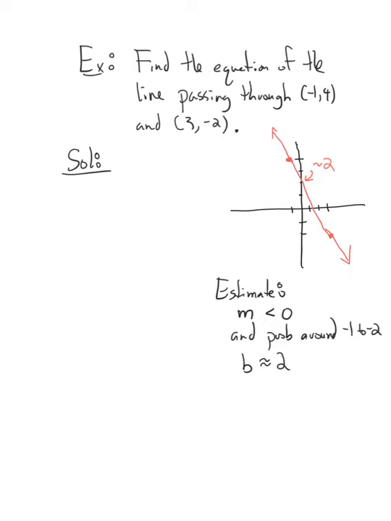All right, so our equation is of the form y equals mx plus b, where m is our slope. Remember, b is our y-intercept, that's where our line cuts the y-axis. But we can solve for our slope, so let's do it.